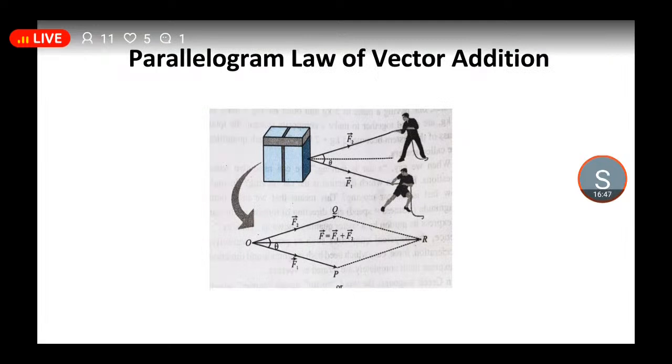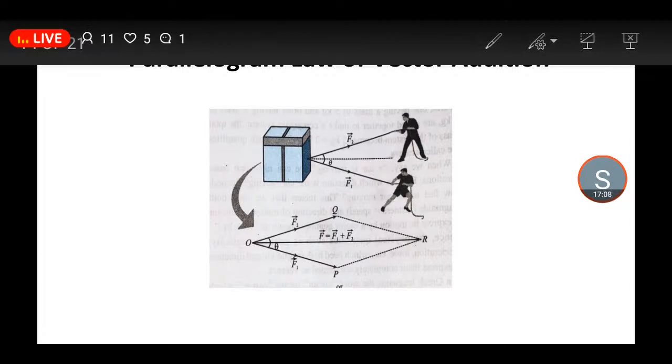And now we'll do the parallelogram law of vector addition. What does this mean? The parallelogram law of vector addition is also a kind of law of vector addition. Before I go to it, I need to specify some things. What are the conditions for adding vectors?